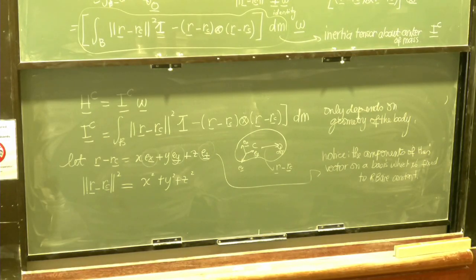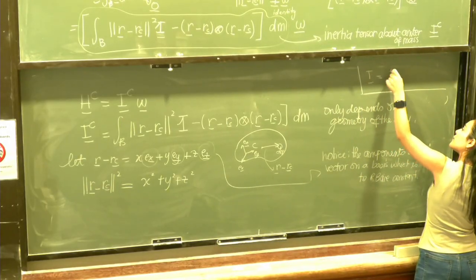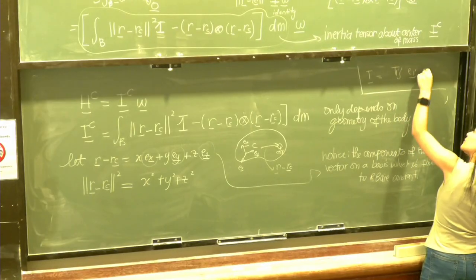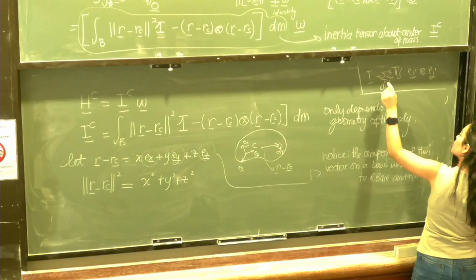I want to keep this, right? Remember, we said that if we have a tensor T, I can write it as the sum of T_ij e_i bond e_j, sum over i, sum over j, i equals 1 to 3.